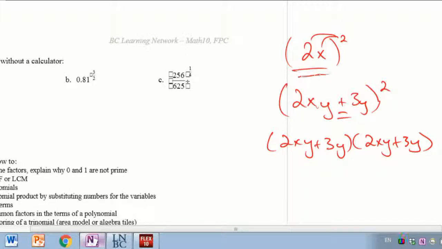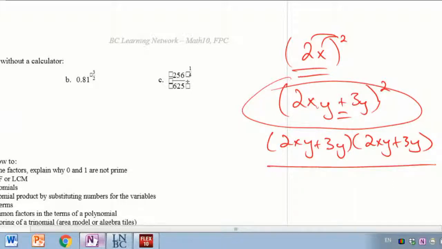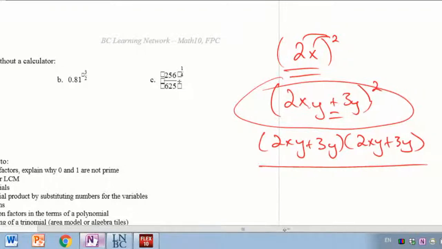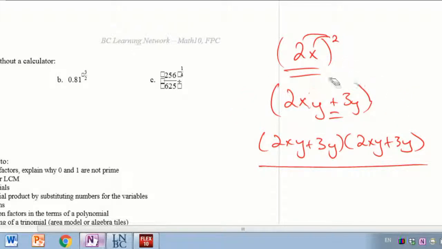So in the first example here, in the exponents unit, we weren't adding or subtracting things inside the brackets. But now when we are adding and subtracting things inside of the brackets, we need to actually write the thing out twice and multiply it because of order of operations rules. So we can't just take the 2 and give everything in the bracket the 2, because these things are being added together essentially.